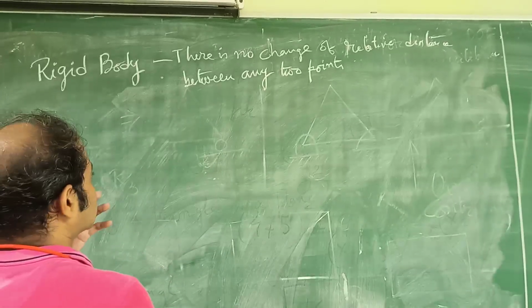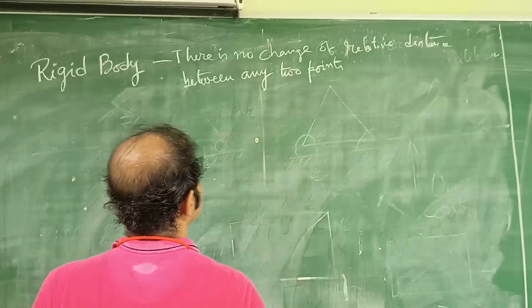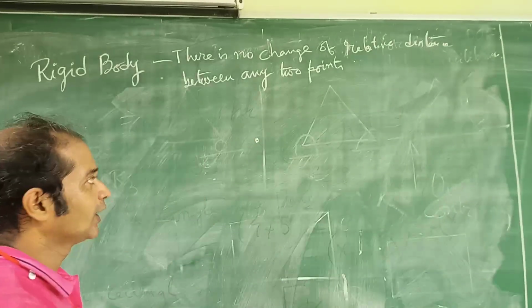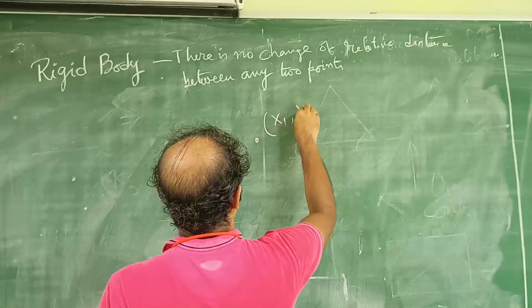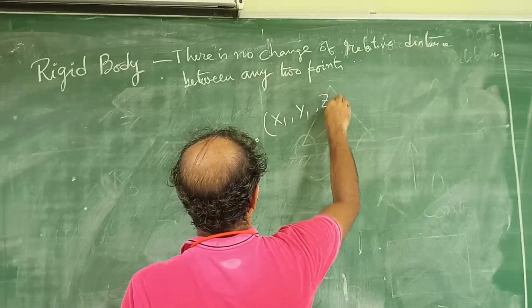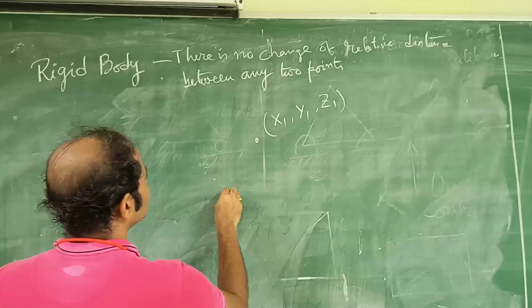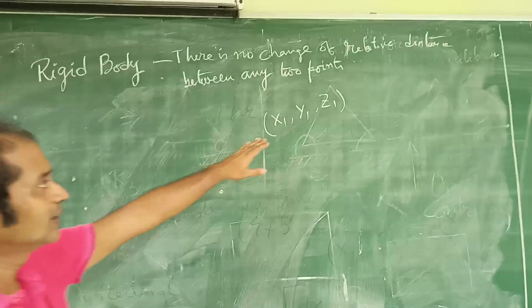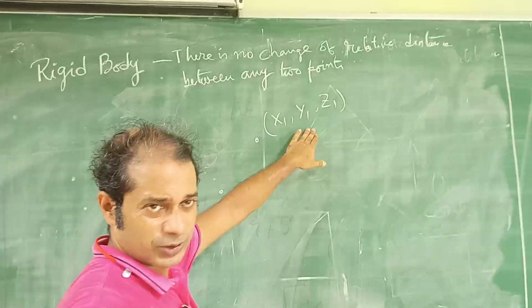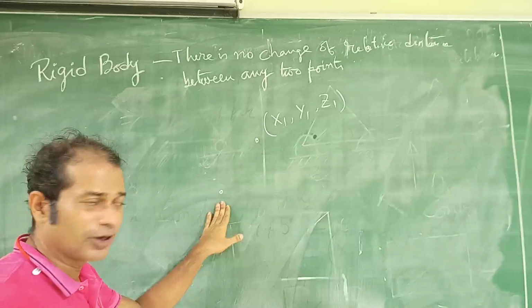Okay, so let's take a point in the 3D kinematics. So it is having x1, y1 and z1. Now you are going to take another point. A point is having 3 degrees of freedom. Okay, so we are choosing another point.